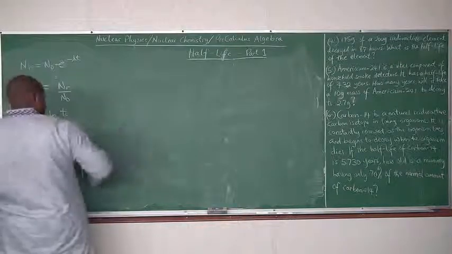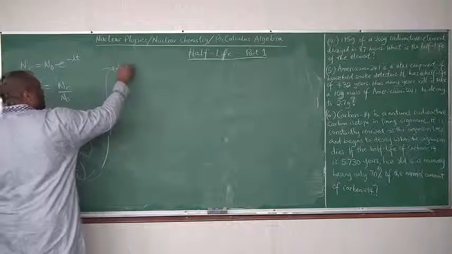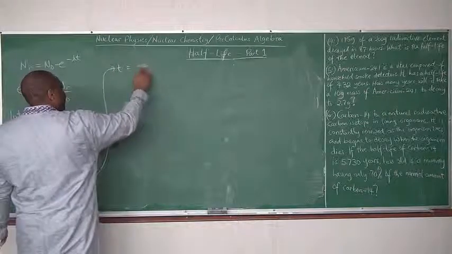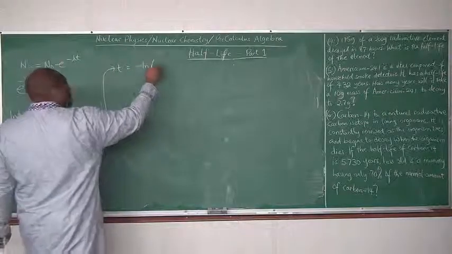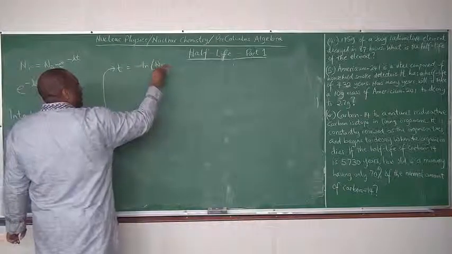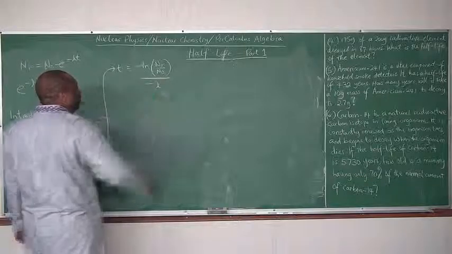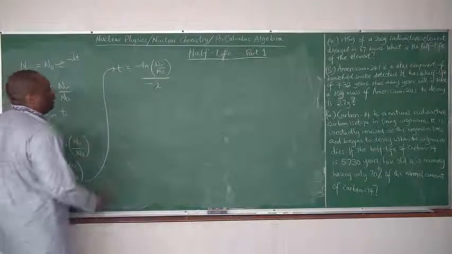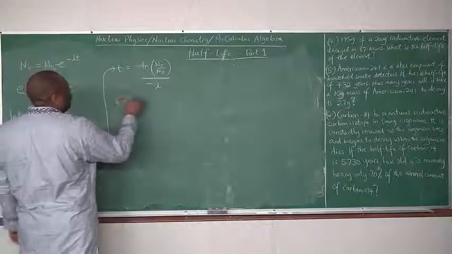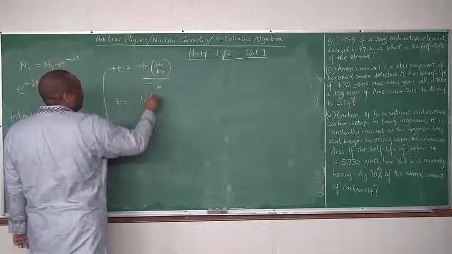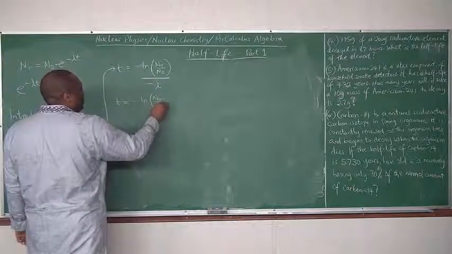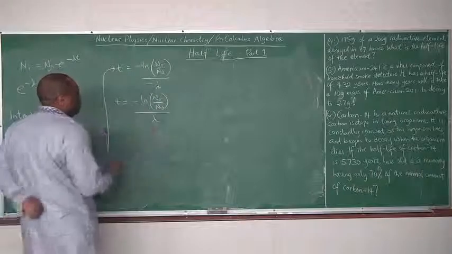What is t? t will now be ln of N_R over N_0 all over negative lambda. So t will be negative ln of N_R over N_0 all over lambda.